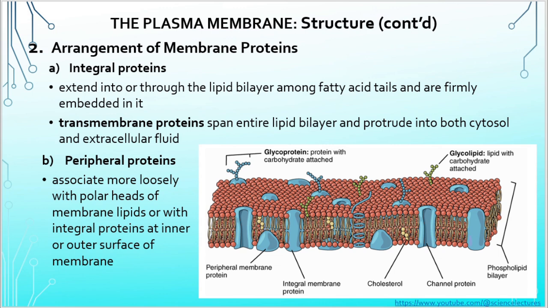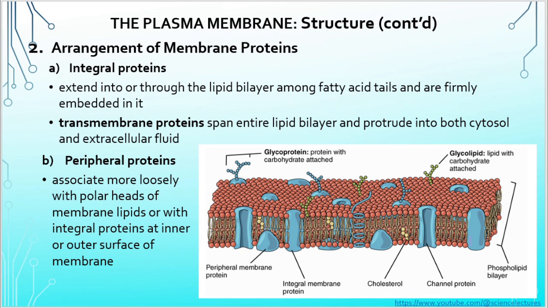Like membrane lipids, integral membrane proteins are amphipathic. Their hydrophilic regions protrude into either the watery extracellular fluid or the cytosol, and their hydrophobic regions extend among the fatty acid tails in the lipid bilayer.